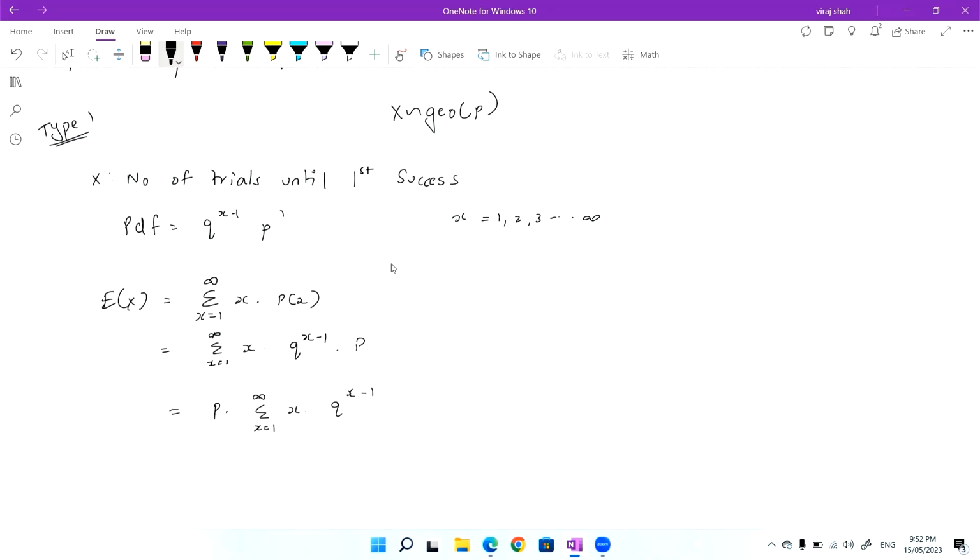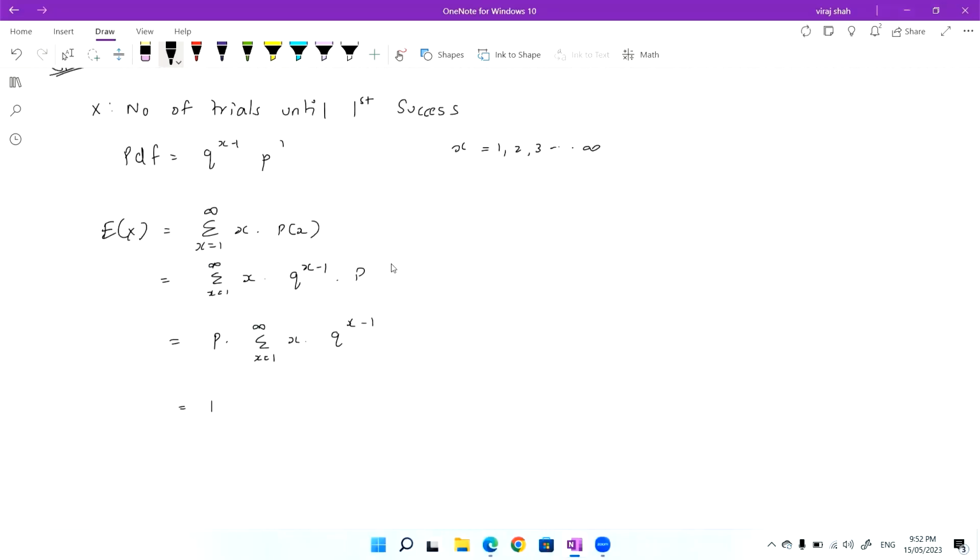Okay? Let me expand this. I'll get this as nothing but 1 into q raised to 0, 2 into q raised to 2 minus 1 is 1, 3 into q raised to 3 minus 1 is 2, 4 into q cube, so on till infinity.